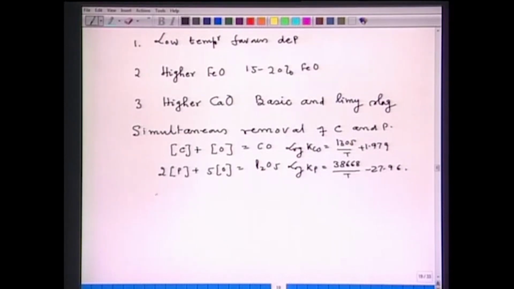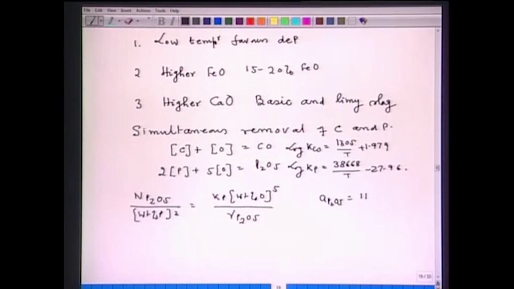This you can do yourself. You write down the value of KCO, you write down the value of Kp, and then get the following equation: NP2O5 upon weight percent P whole square, that is equal to Kp into weight percent O to the power 5 upon gamma P2O5. Note, you have to also use activity of P2O5, that is equal to NP2O5 into gamma P2O5.